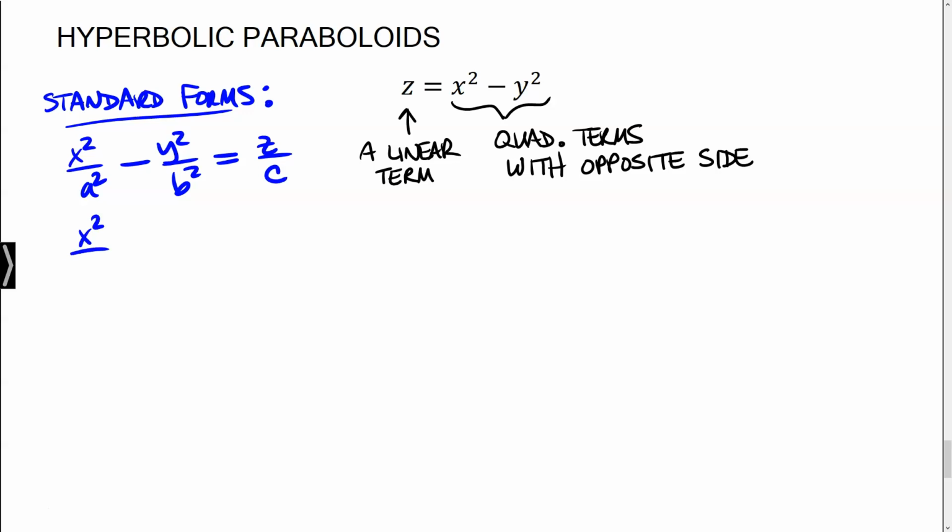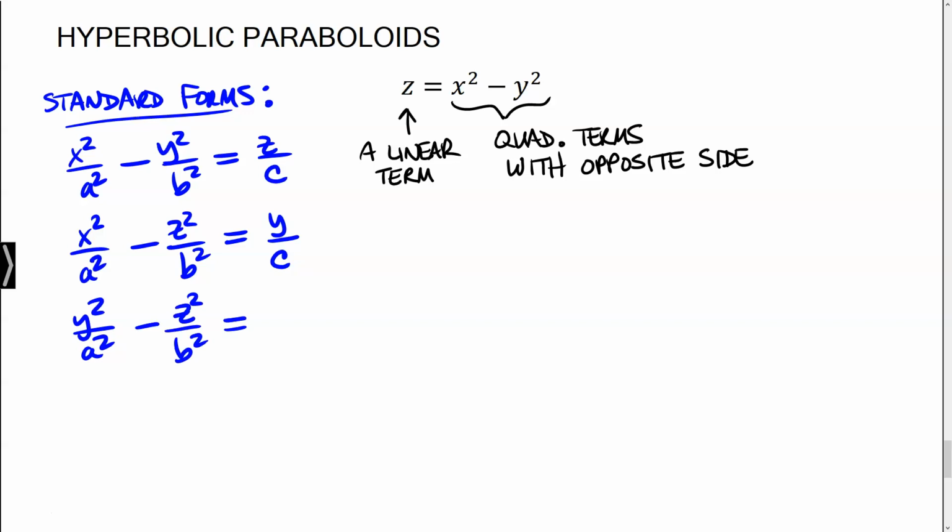Or you could have the quadratics being x and z, or you could have the quadratics being y and z. Again, I'm not sure exactly if the a, b, and c are labeled exactly how they should be here. It's not really the most important. Just notice in each case that we've got a linear term and two quadratics of opposite signs. In this case, obviously we're in this first case here.